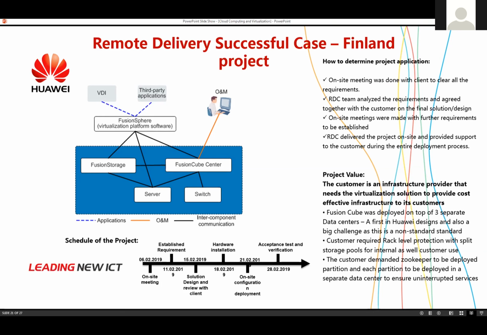They wanted to have 2 separate storage pools. We had a total of 16 servers. Each server had 10 8-terabyte disks, and they wanted to use 5 of those disks in each server for their customers and the 5 remaining disks for themselves.